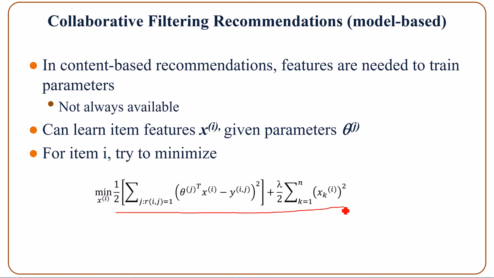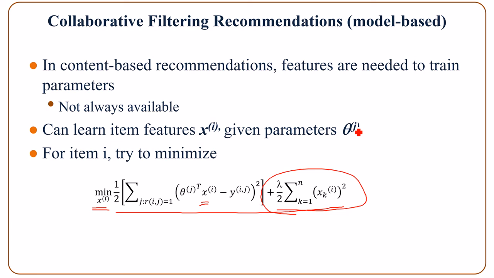The first part of the function is similar to what we saw in the content-based recommendation approach. However, we now minimize this function with respect to xi. And the regularization term is now added for x_k^i. K here is the k-th feature and I is the item I.